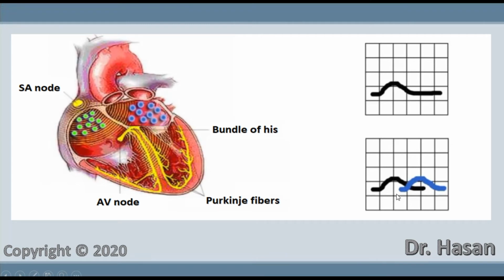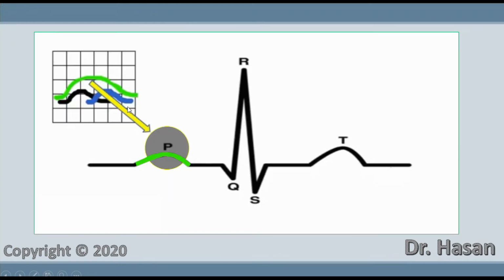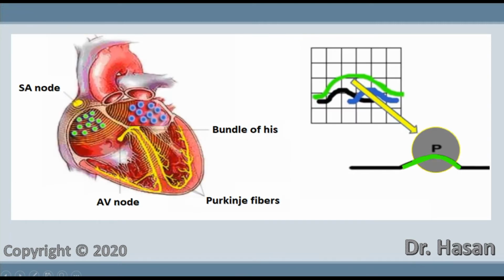Pay attention to the figure below. The excitation of the right atrium has not yet ended, and the excitation of the left atrium has already begun. The black and the blue waves intersect. This is the intersection of the black wave and the blue wave. On the electrocardiogram, these excitations are combined into one wave. The wave is green in the figure, and it's visible as the P wave.